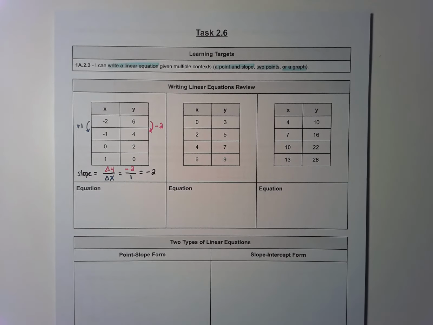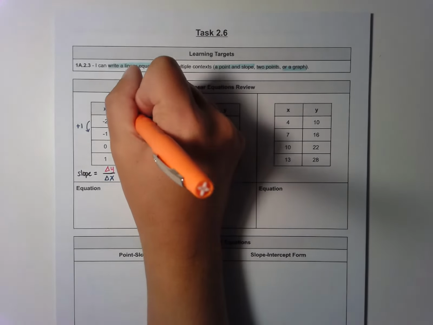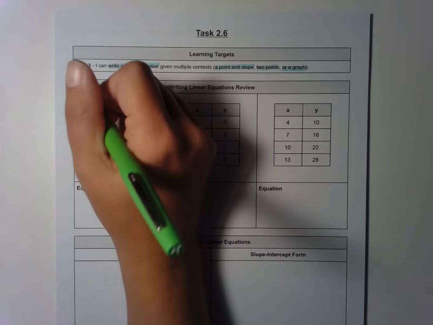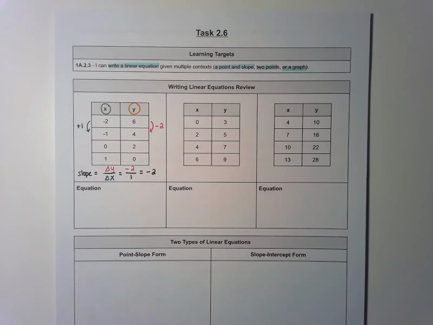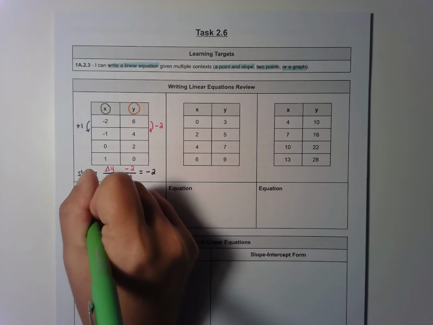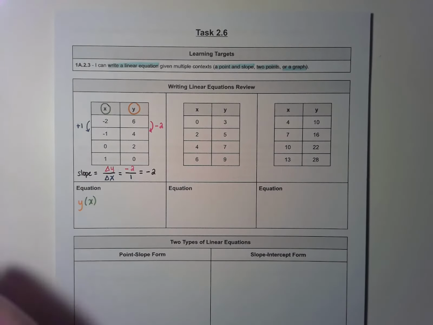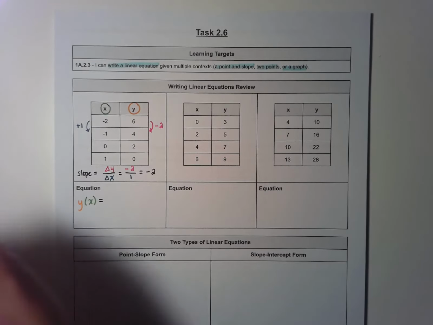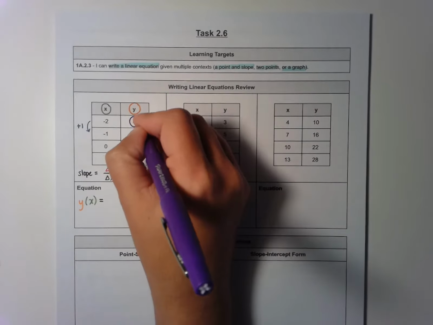All right, once you have your slope, you are ready to write your equation. So your equation is going to start the way that our equations always start. Our output variable is y and our input variable is x. So our equation is going to start y of x is equal to. Then we need our starting value. Now the starting value in this table is 6.